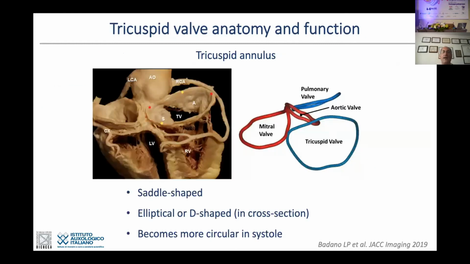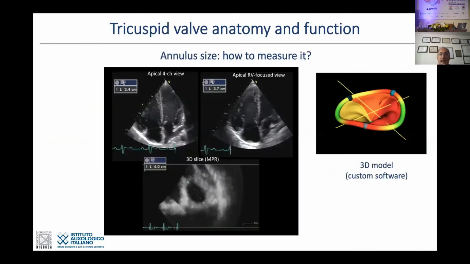before having 3D echo. And talking about the annulus, we know from the anatomy that the annulus of the tricuspid valve is a quite complex three-dimensional structure, is not rounded, and this is the main reason why a single diameter that can be taken in any two-dimensional view is not enough to describe the geometry.